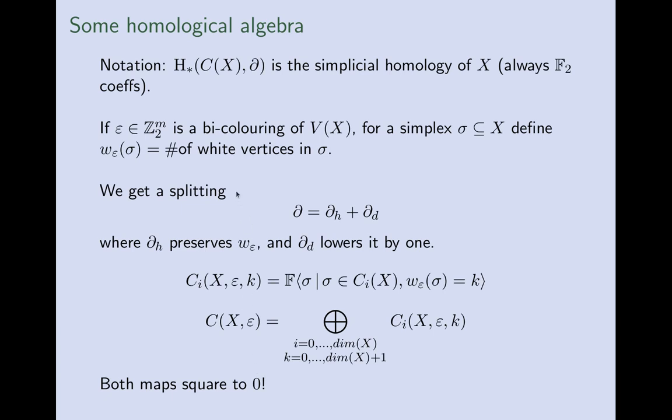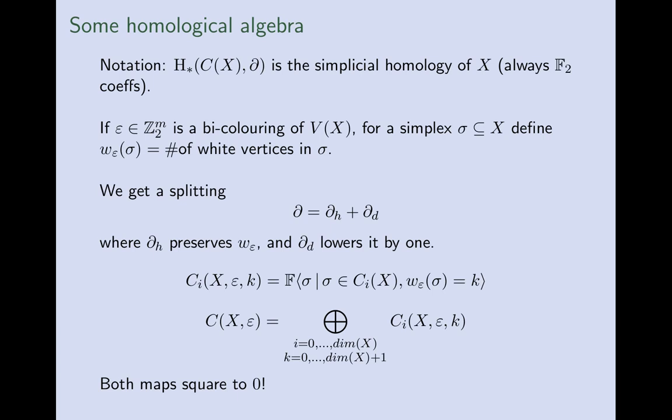Okay, so just by defining these colorings, we get for free basically a splitting of the simplicial differential into two components. The first one is called horizontal, and the second one is called diagonal. And we'll see in a moment why this name. So, roughly speaking, the horizontal component preserves the epsilon weight.